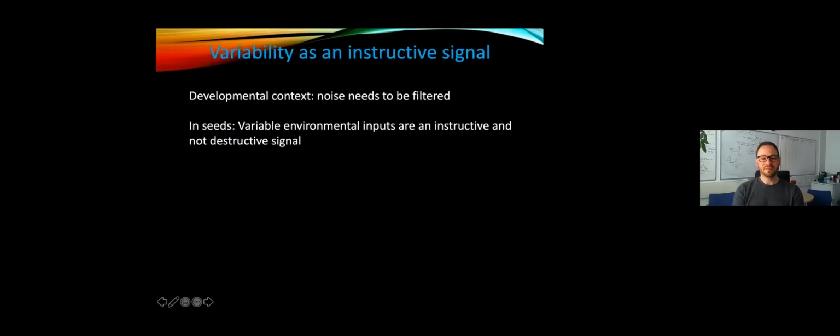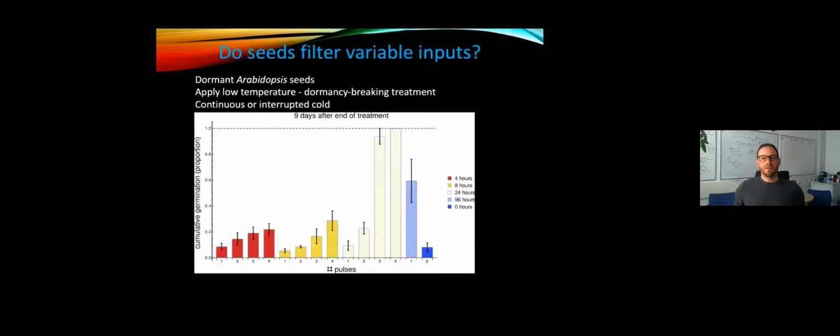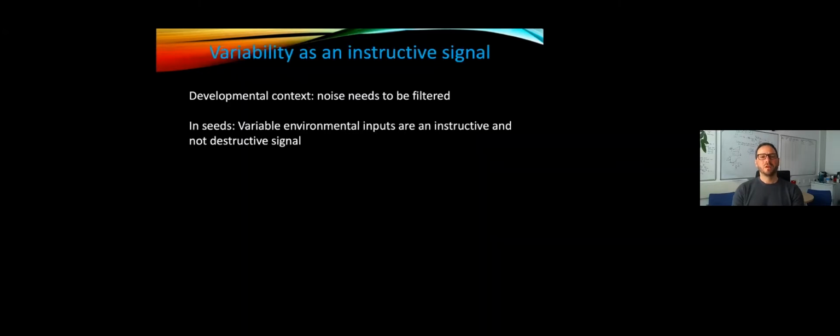So what this meant is that our hypothesis was wrong: seeds in fact are not filtering noisy inputs, they're actually using noisy inputs. The seeds are preferring interrupted cold rather than filtering it. So this is indicating to us that this variability is acting as an instructive signal in the context of seed dormancy. In development, noise is something that needs to be filtered in order to create robust outputs.